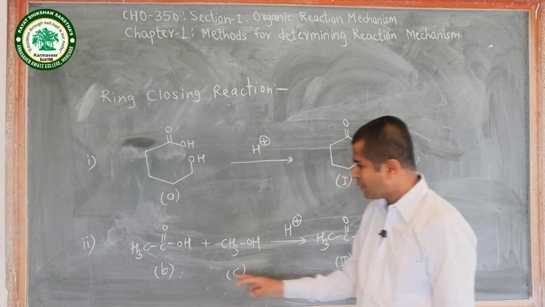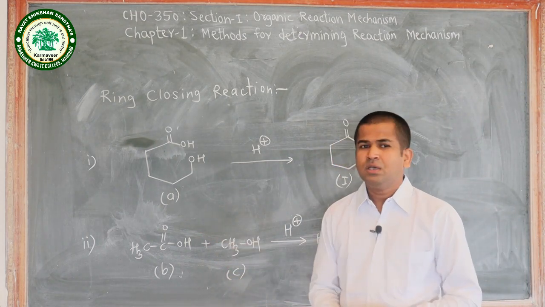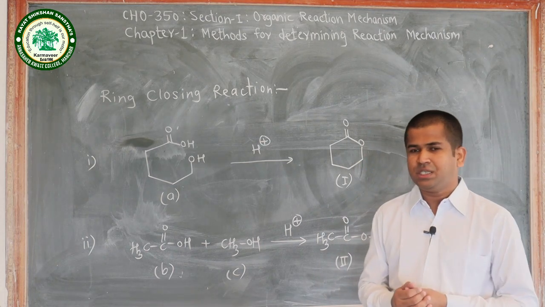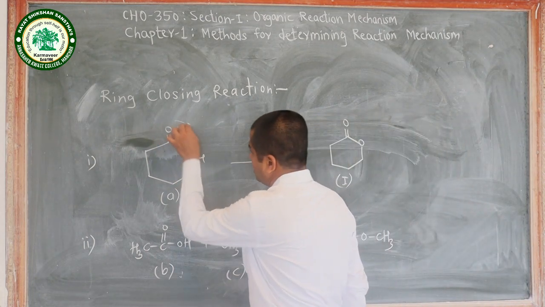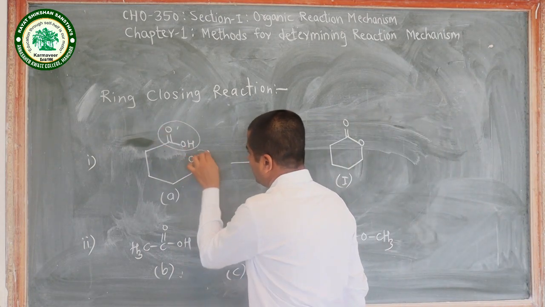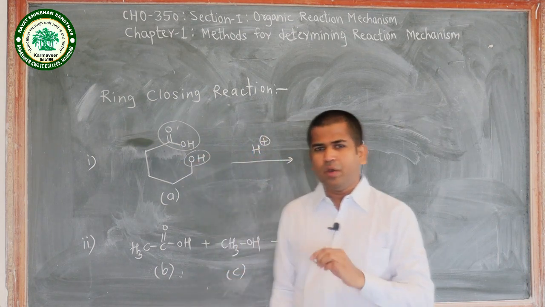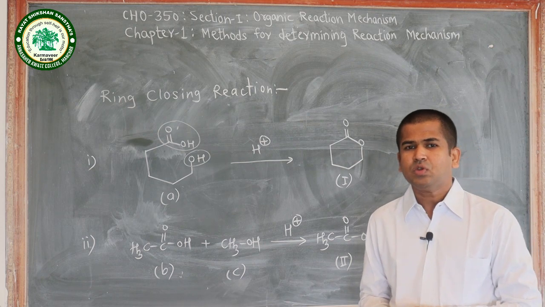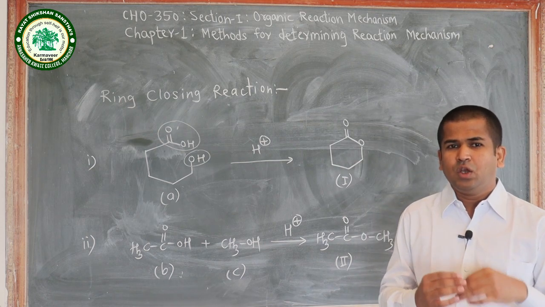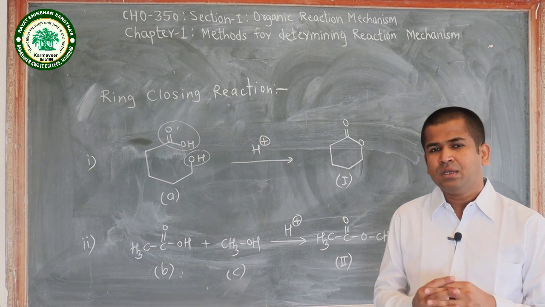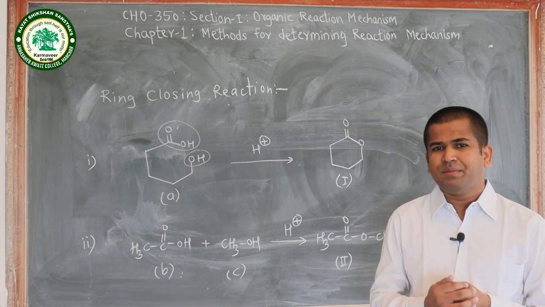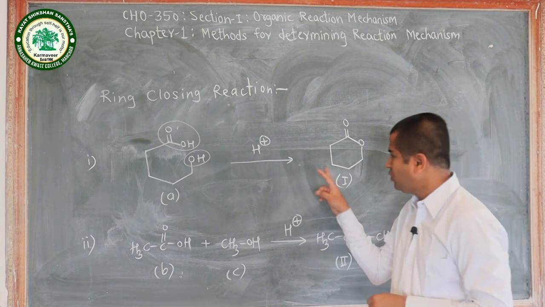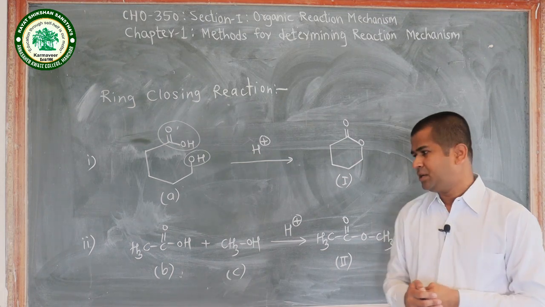In case of reaction 1, since both the reacting species, that is the acidic group and the alcoholic OH group, are present in the same substrate, they lose degree of freedom, but the loss in degree of freedom is less for a reaction to happen in a transition state.